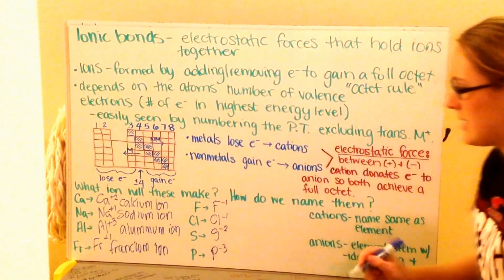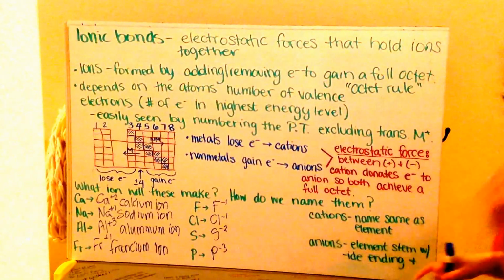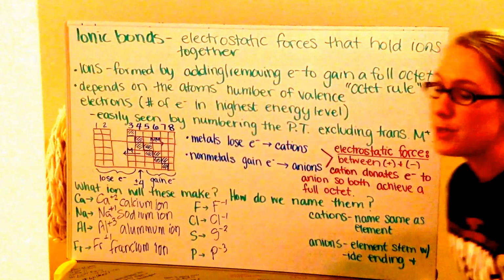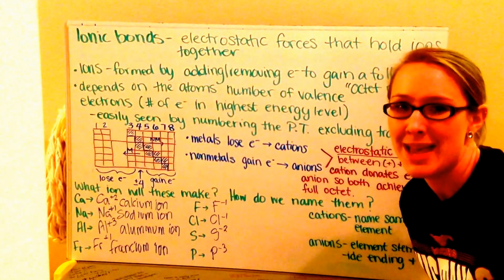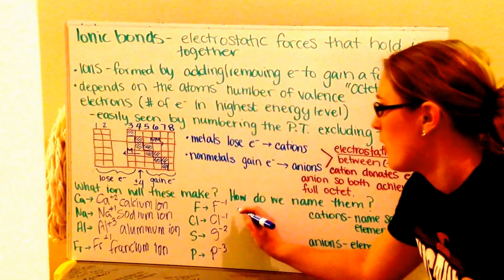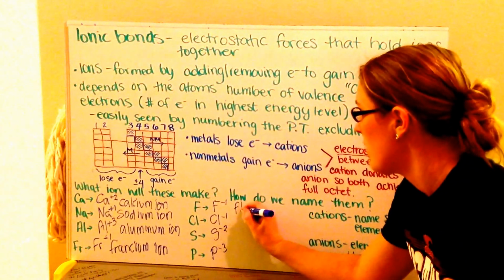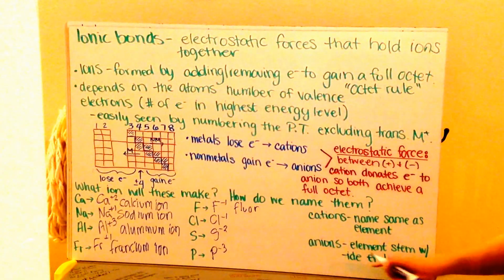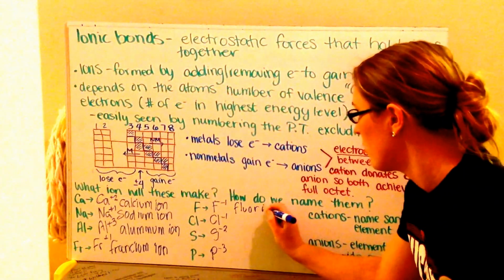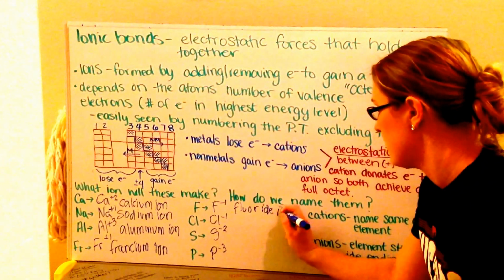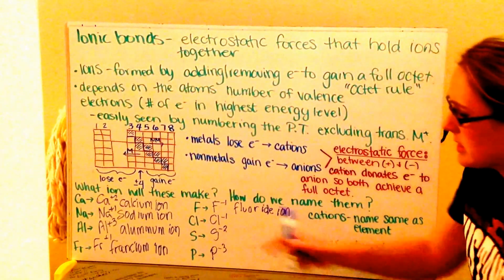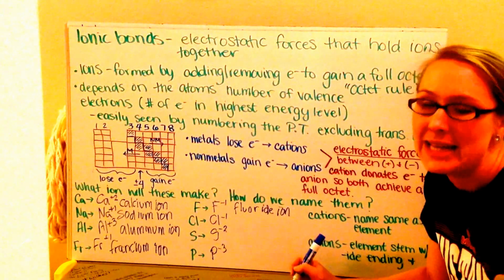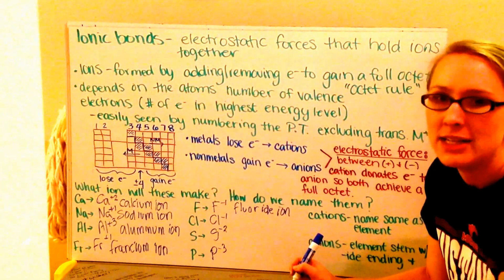The other elements that I have turn into anions. Now anions, I use my element stem with my IDE ending. So for fluorine, the stem on that is fluor. F-L-U-O-R, that's my stem, and I add my IDE ending. So it becomes a fluoride ion. Same thing with chlorine. Instead of it being chlorine with the I-N-E ending, I change the I-N-E ending to I-D-E.